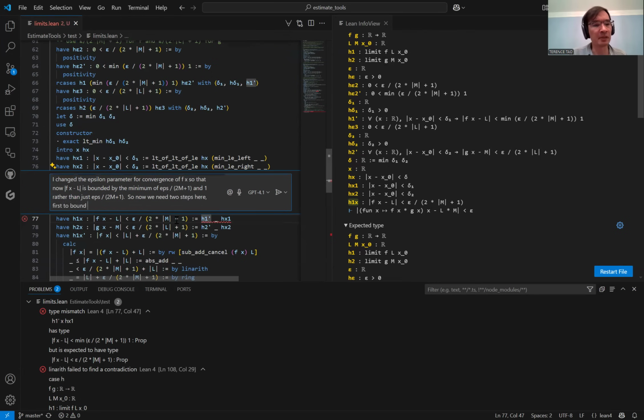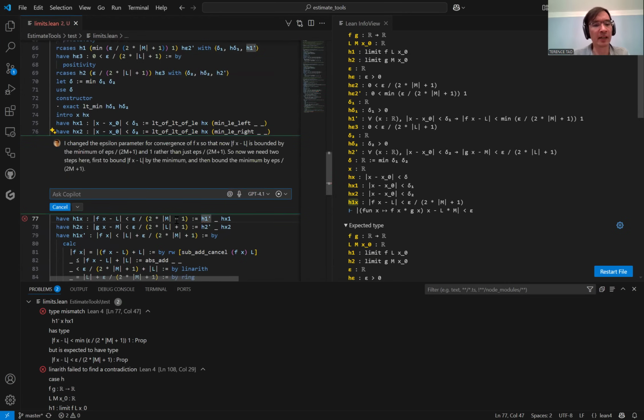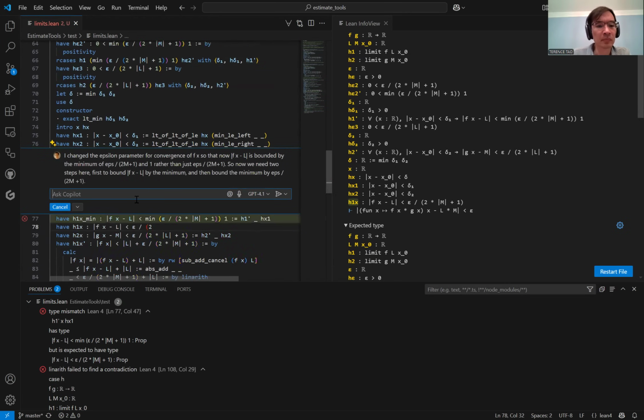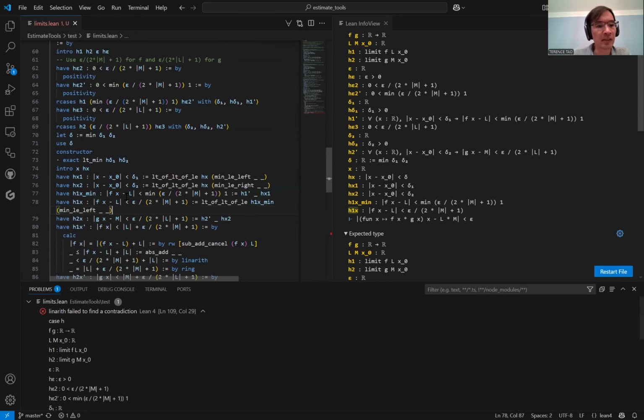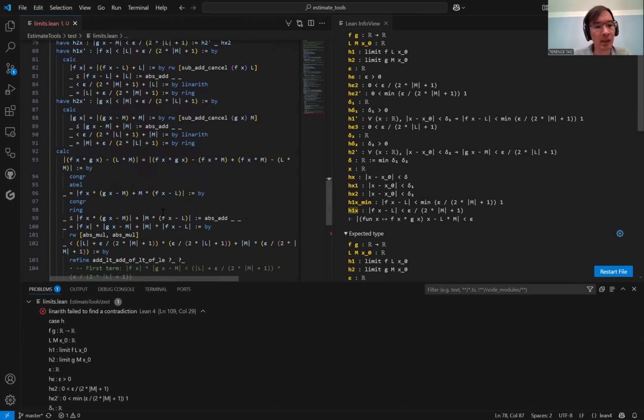First, to bound f x minus L by the minimum, and then bound by epsilon over 2. So let's see if we can figure out how to do that. Okay, yeah, so first bound by the minimum, and then use a standard lemma that the minimum is bounded by one of the two terms. Okay, so that's good.